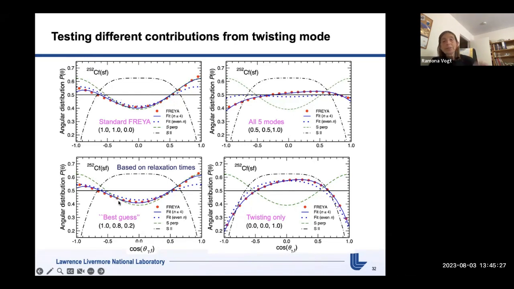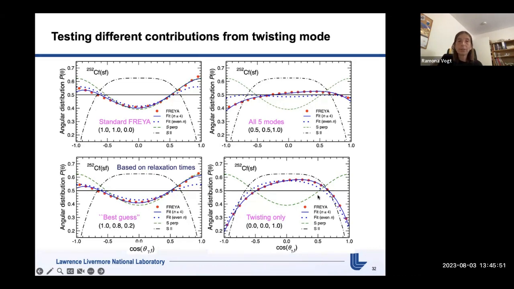If we assume that there is some twisting that's incorporated, then you get something very similar to standard FREYA. If you excite all the modes, you get some washing out effect, and it looks pretty flat. If it's twisting only, then you get something that's very close to the prolate shape.